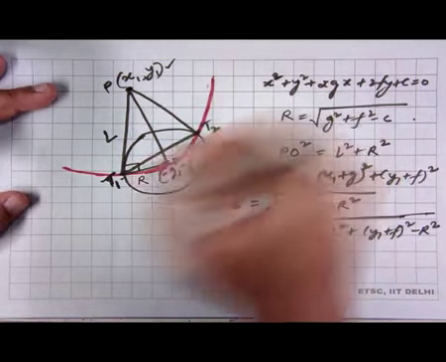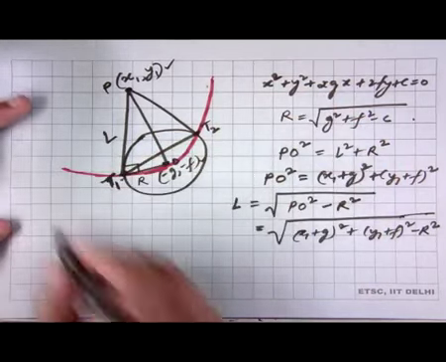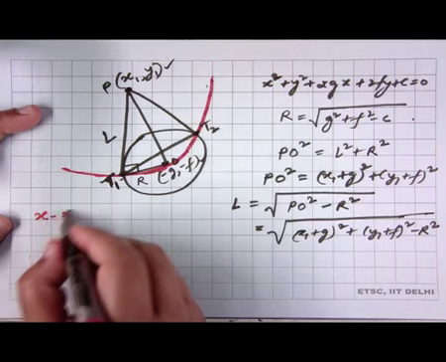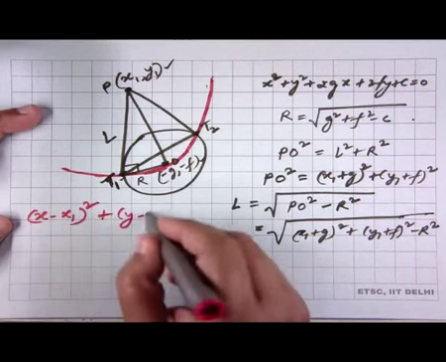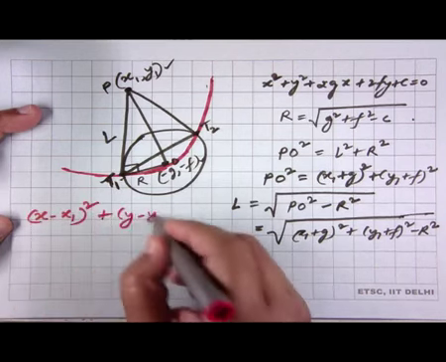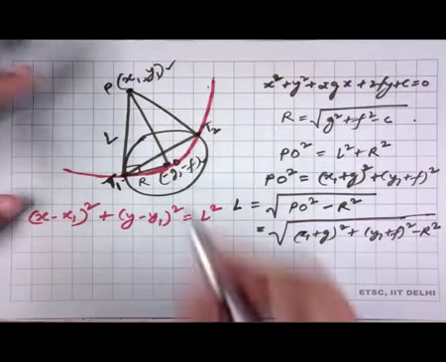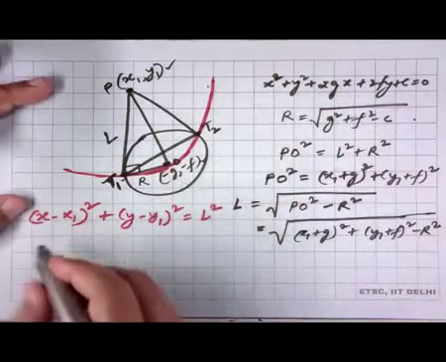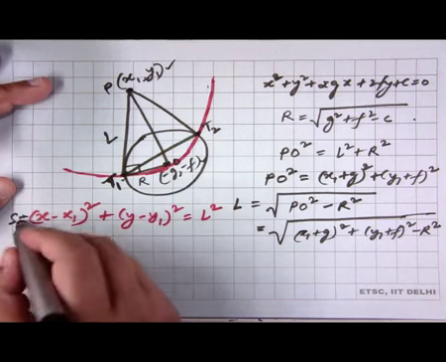So, the equation of this red circle is x minus x1 whole square plus y minus y1 whole square is L square, and that of the given circle is this equation. So, let us say this is S1, this is S2.